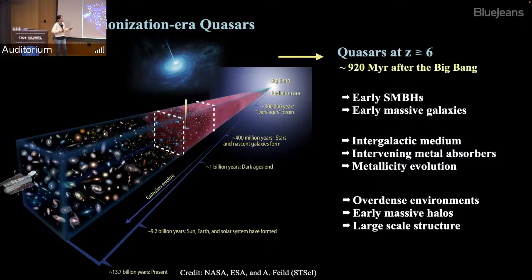Intervening metal absorbers also tell us about metallicity evolution, and we can study overdense environments, early massive halos, and large-scale structure surrounding the quasars. All these science topics explain why we want to study these high-redshift quasars.